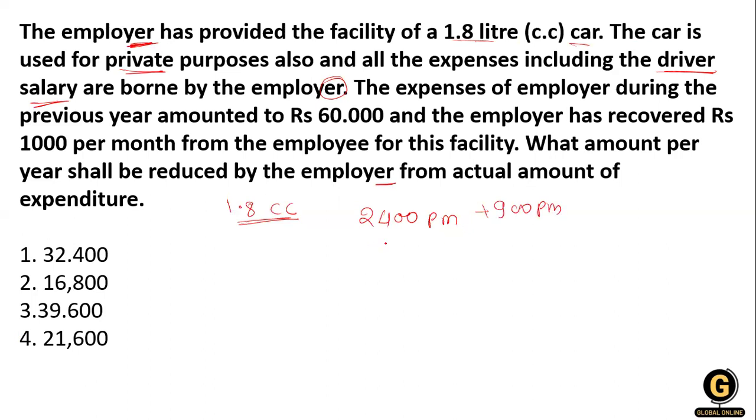This is the per month amount, and we are calculating annually. So what we are doing here is 2,400 plus 900, multiplied by 12. When we calculate it, 2,400 plus 900 is 3,300, multiplied by 12.